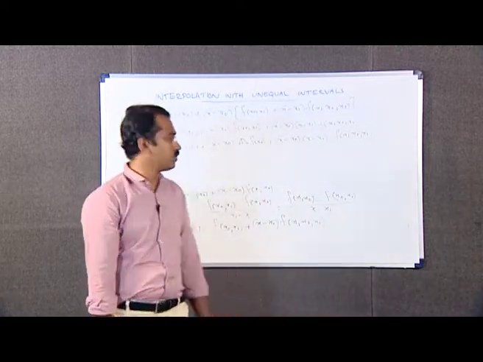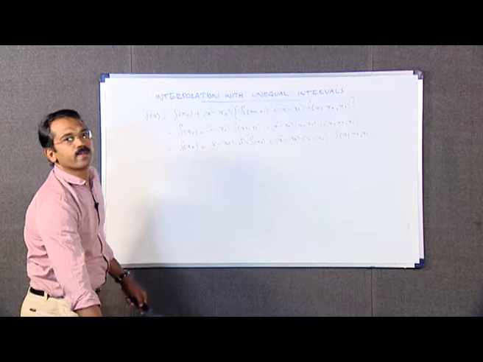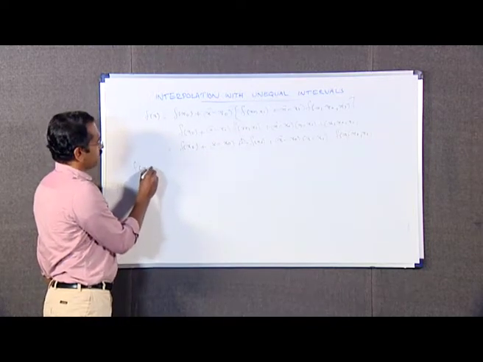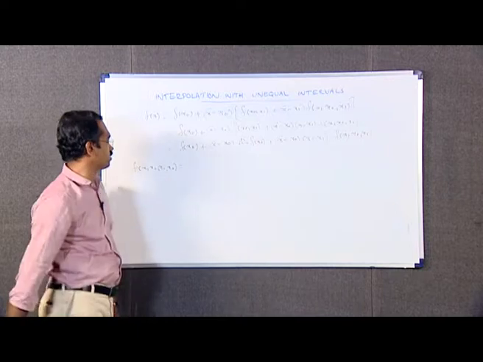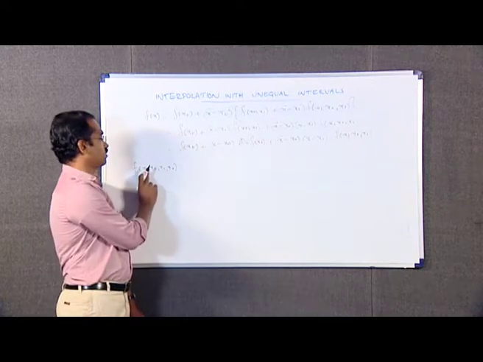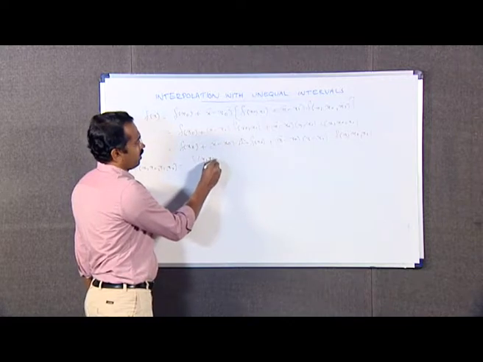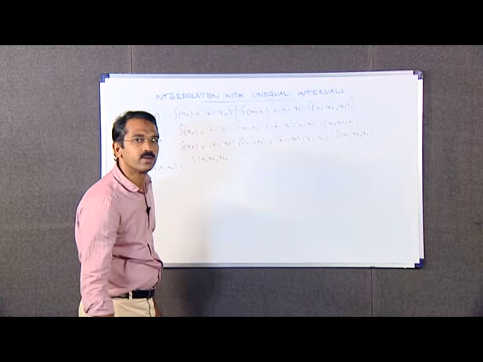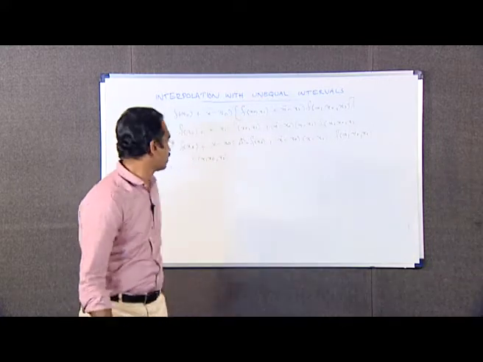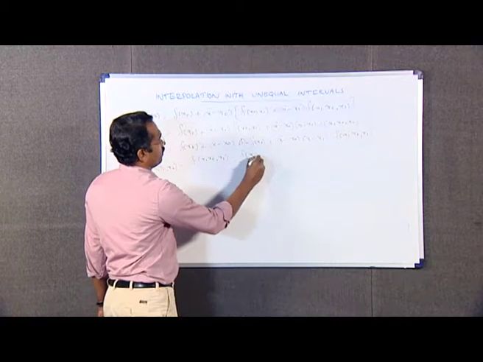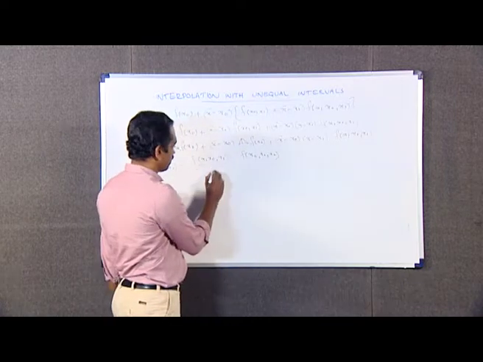Now, by the definition of divided differences, we have f(x, x0, x1, x2), that is the divided difference corresponding to these four arguments, is equal to f(x, x0, x1) minus f(x0, x1, x2) all divided by x minus x2.